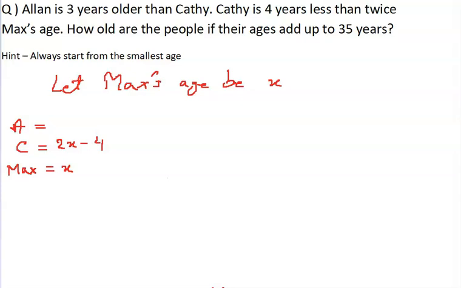And for Alan, who is 3 years older than Kathy, it is 2x minus 4 plus 3, which comes out to be 2x minus 1.